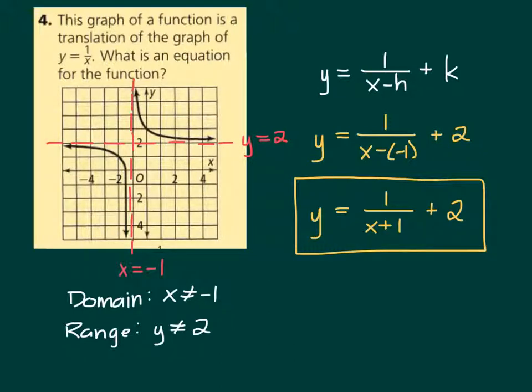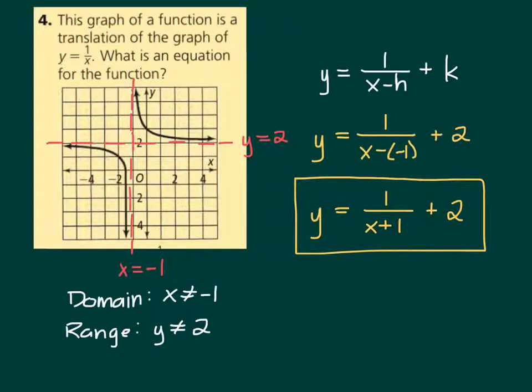X equals 0, y equals 0. And so if you have a graph like this where you know that the a is just whatever, you're not looking for a different a, it stays as a 1, then all you have to do is realize from the origin we went left 1 and up 2. Left 1, up 2.